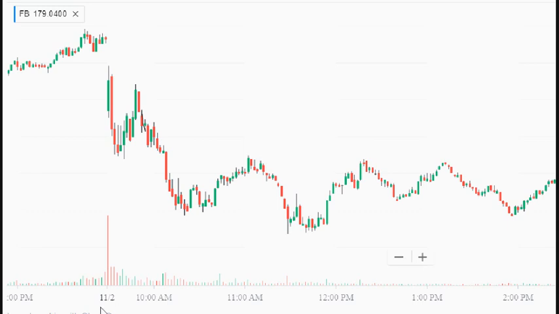Now this is Facebook on November 2nd, 2017. And this is a 2-minute chart, so each candle is 2 minutes. Right there at the open, you've got some wiggling at the beginning, and then in the first 10 minutes of trading, we break down to a new low. It gapped down and then it went to a new low in the first 10 minutes.